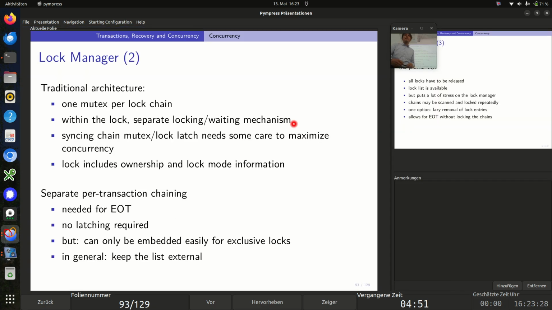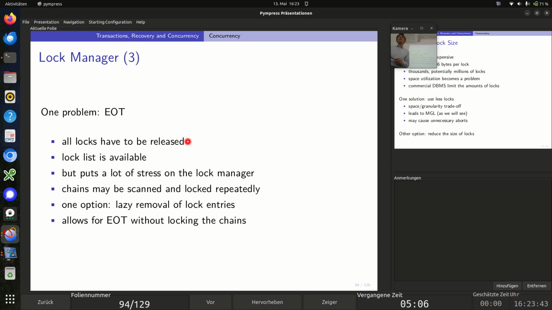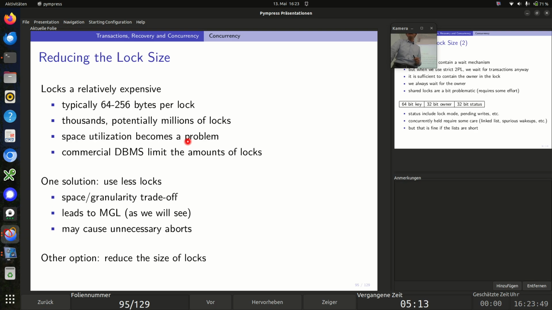So the traditional architecture has one mutex per lock chain, and within the lock, a separate lock waiting mechanism. We just have locks like you learn in programming. The idea is whether we can do this with a finer granularity. Do we need to lock everything, or can we just lock single items? How can we reduce the lock sizes?